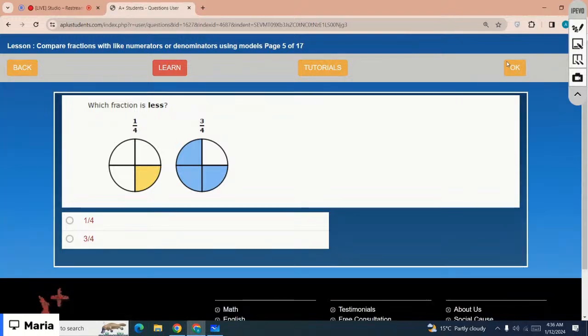Okay, the next one is which fraction is less? 1 over 4, 3 over 4.